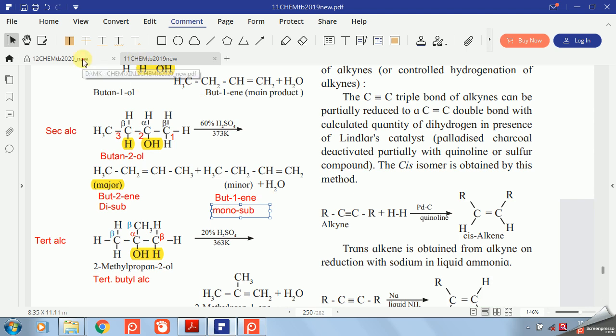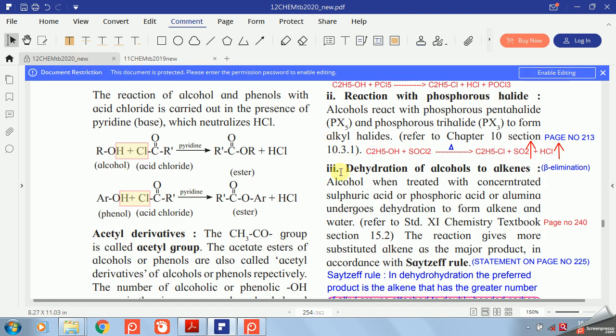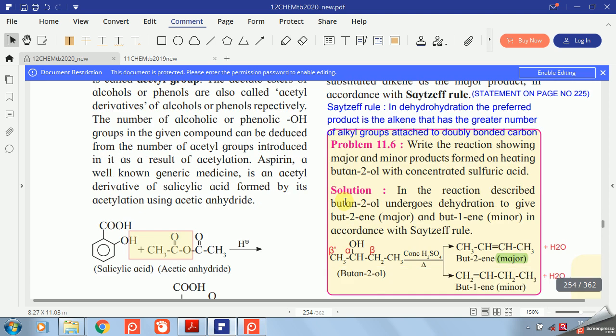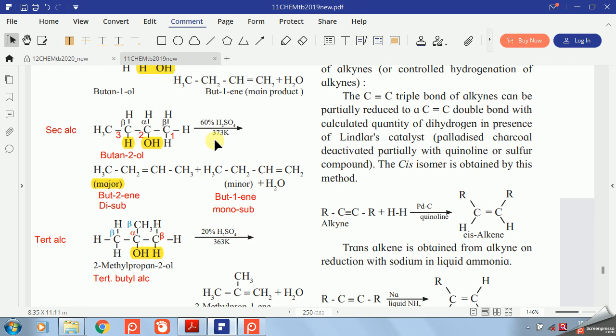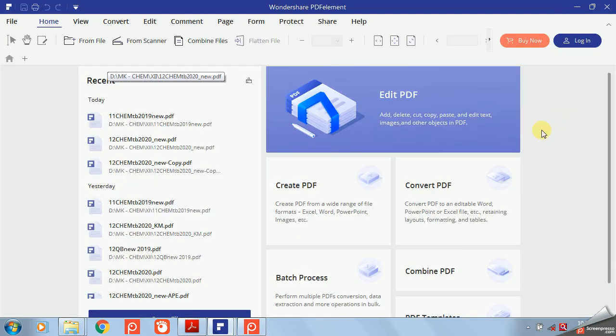So again we go to our 12th standard. So here is the reaction, and what is the temperature? Temperature is 373 Kelvin and 60% H2SO4. So that is what you have to mention.